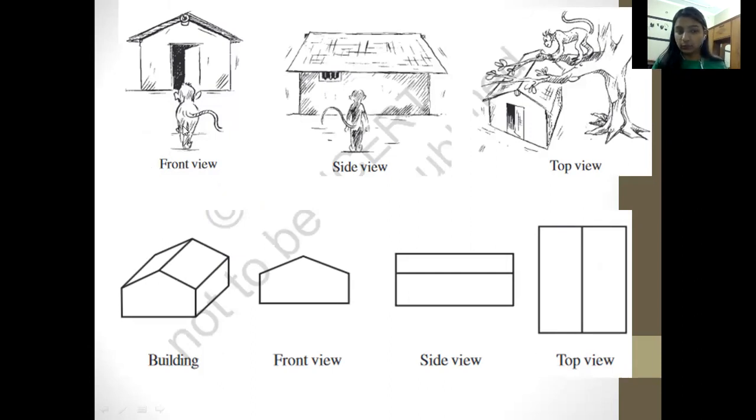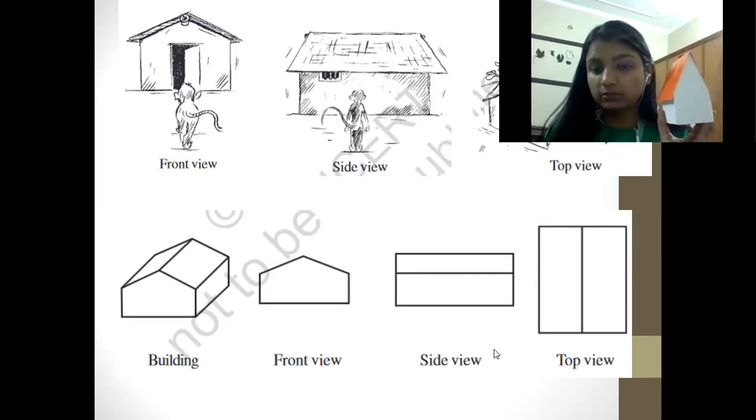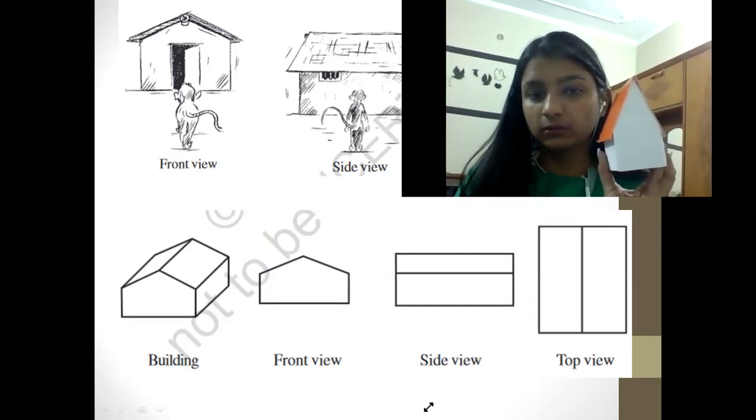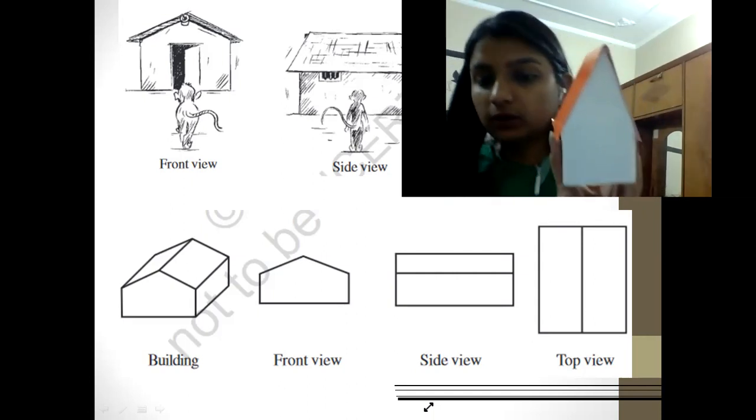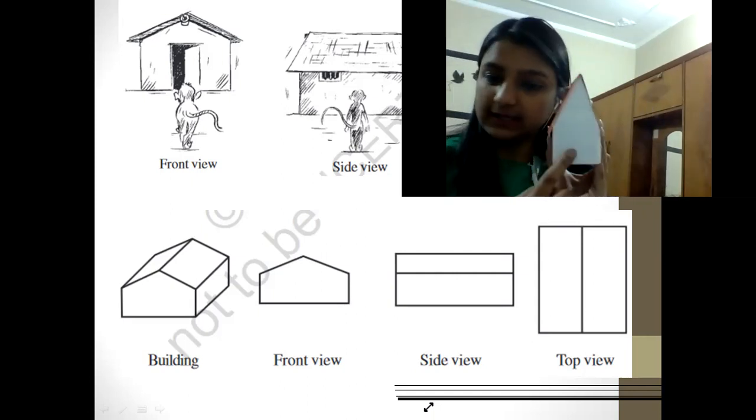This monkey is standing and looking at a hut or home. Let me show you over here also. In this, I have made a hut for better understanding for you. Now let me zoom it for you. In the first one, you can see that a monkey is looking from the front side. What would be the front side for him? Yes, this would be the front side of the home or hut for the monkey.